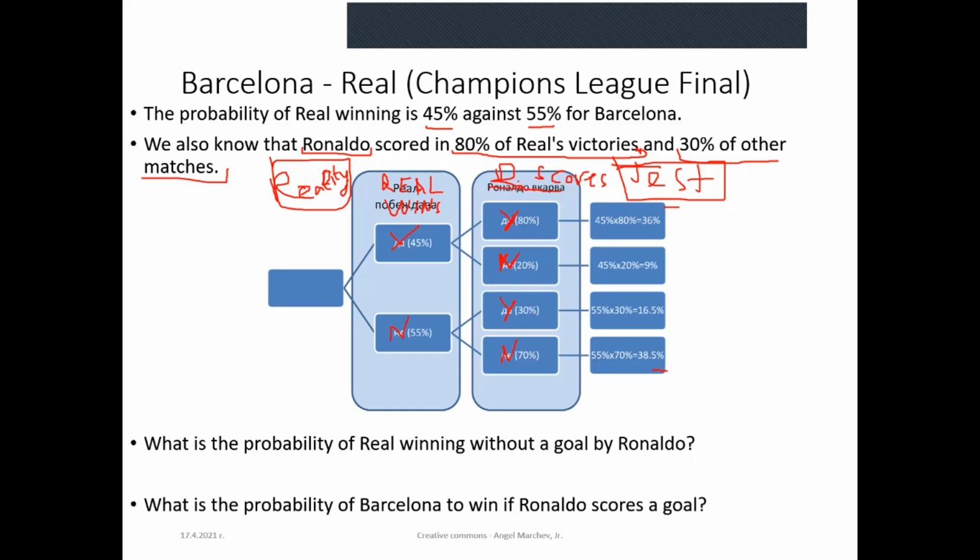This is the desired outcome, and we are looking at the situation where Ronaldo doesn't score. So I'm going to underline this twice. And first of all, the denominator: Ronaldo doesn't score. This is this one, so this number plus that number, right? It's going to be 47.5 in the denominator.